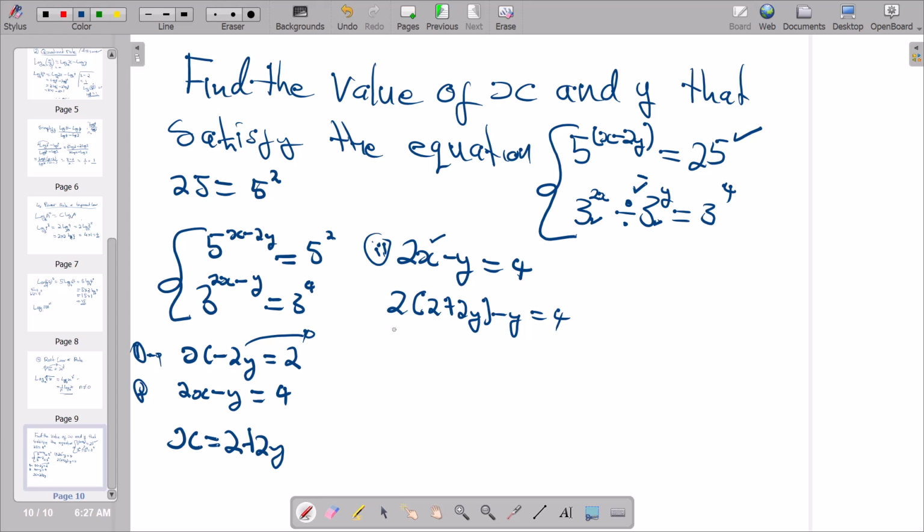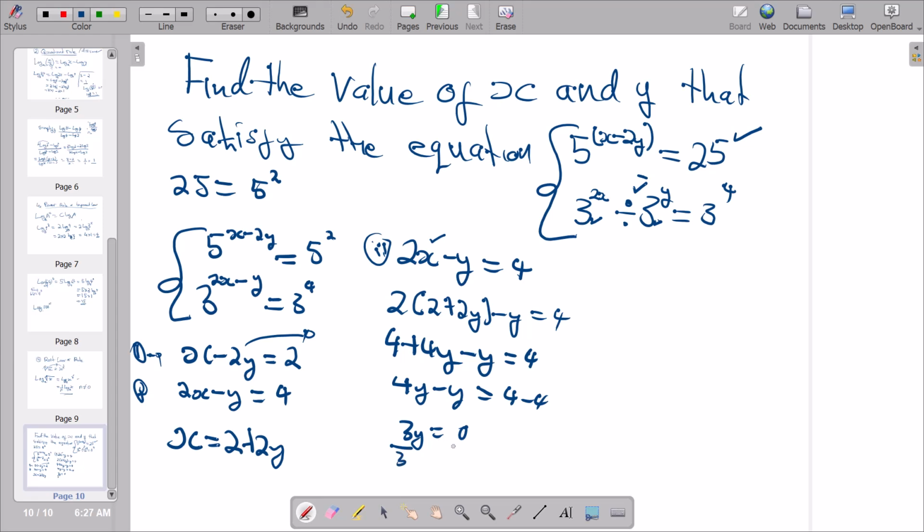Here, when you multiply, we get 4 plus 4y minus y is equal to 4. When we deal with the like terms, this is what we'll have. Here it will be 4 minus 4. We combined the like terms together. When we subtract here, we get 3y equals to 0.